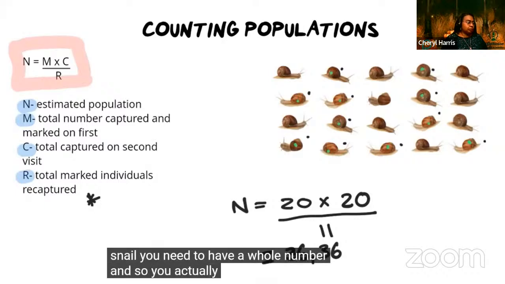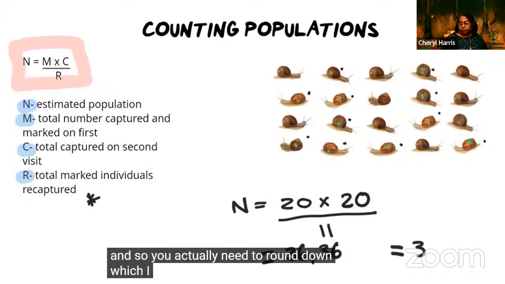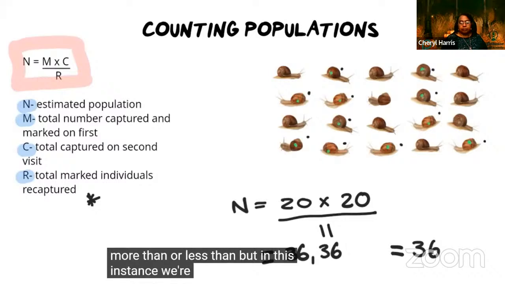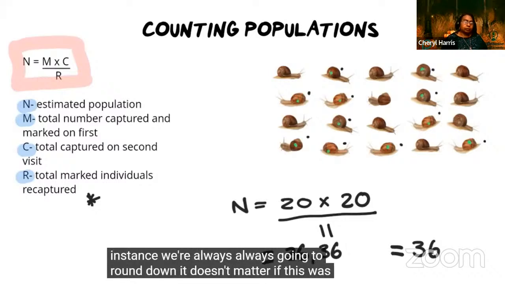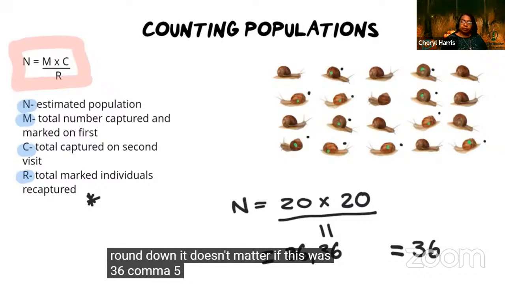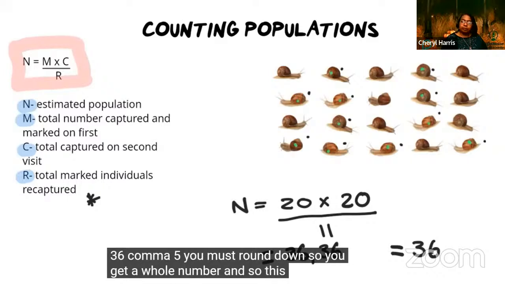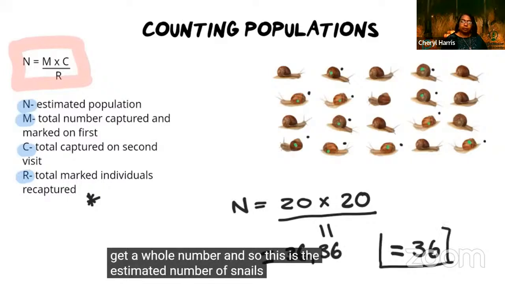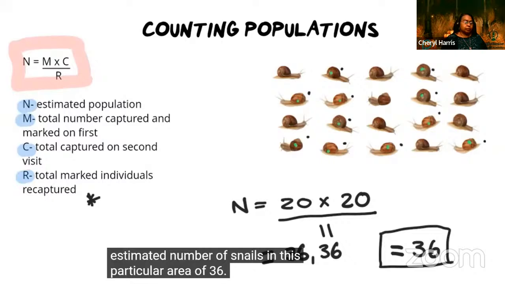And so you actually need to round down, which I know conflicts with what we do in maths. We generally round up if it's more than or less than. But in this instance, we're always going to round down. It doesn't matter if this was 36.5, you must round down so you get a whole number. And so this is the estimated number of snails in this particular area of 36.